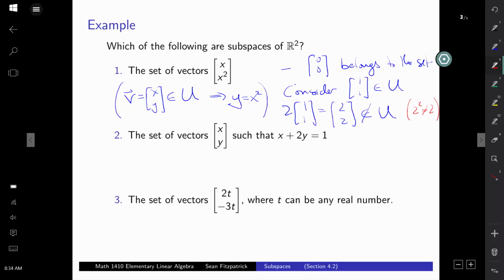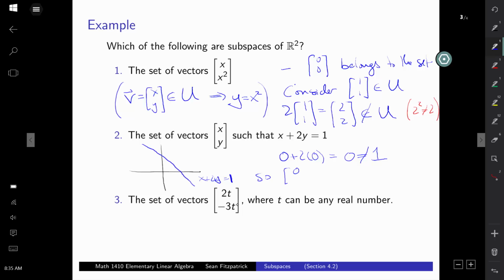Now, what about the next set? The set of all vectors such that x plus 2y equals 1. We know what that looks like graphically if we identify vectors with points. What we're dealing with here is a line, x plus 2y equals 1. One of the things you'll notice about this line is that it doesn't pass through the origin. 0 plus 2 times 0 is equal to 0, not equal to 1.